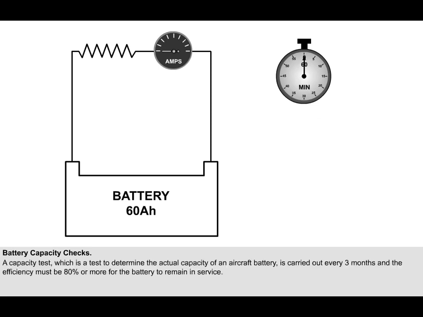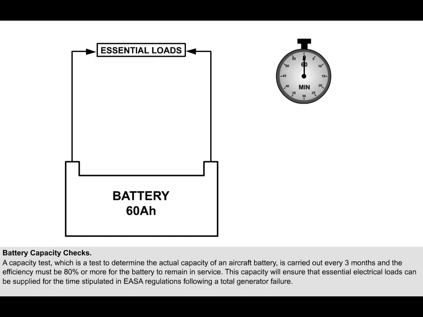A capacity test, which is a test to determine the actual capacity of an aircraft battery, is carried out every 3 months, and the efficiency must be 80% or more for the battery to remain in service. This capacity will ensure that essential electrical loads can be supplied for the time stipulated in EASA regulations, following a total generator failure.